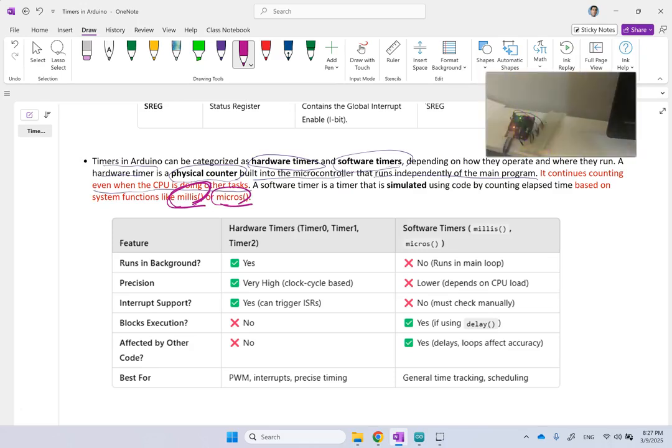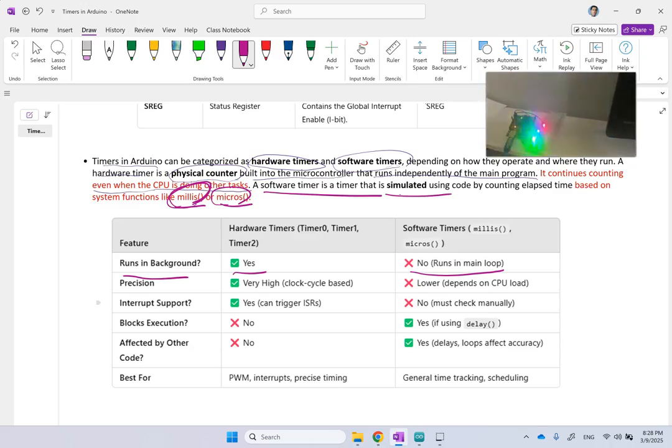So these are what we call software timers. They are simulating counters, and they use the hardware in the background to count something. If you want to compare hardware versus software, hardware ones run in the background, while software ones have to be run in the main loop.